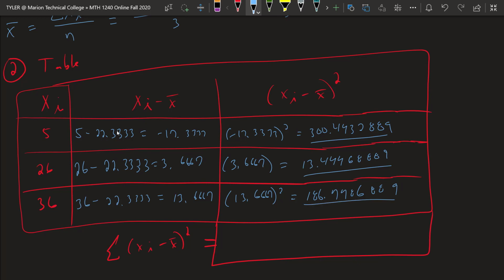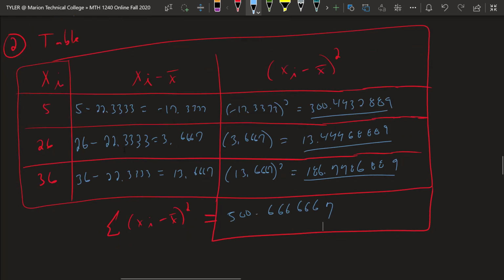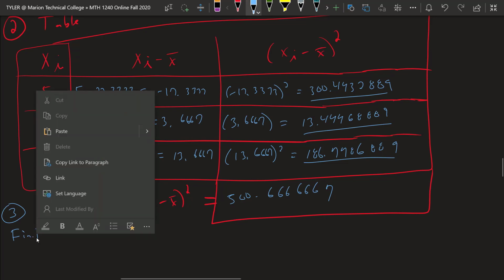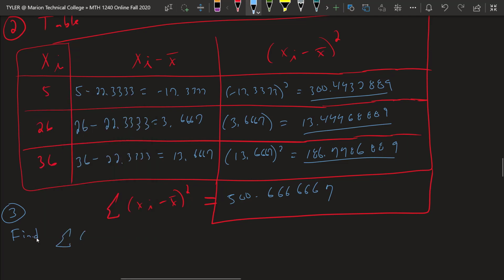So add these 3 numbers together, and we get 500 point, and then 6 sixes, and then a 7. Right? So really this last part, the third step, is to find the sum of the x sub i's minus x bar squared. Right? That's what we did here.